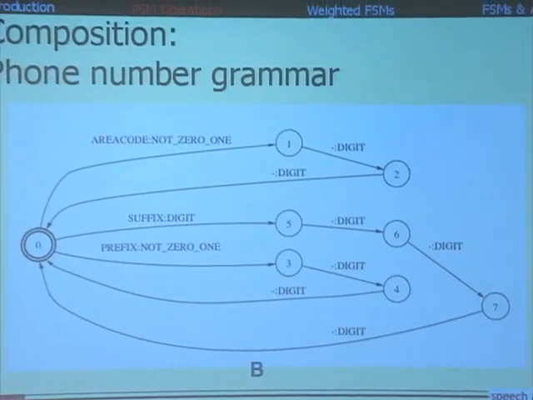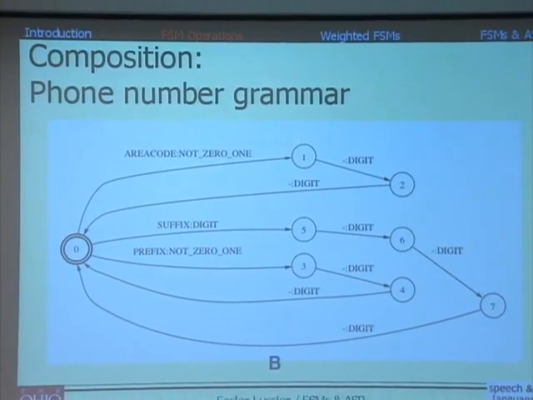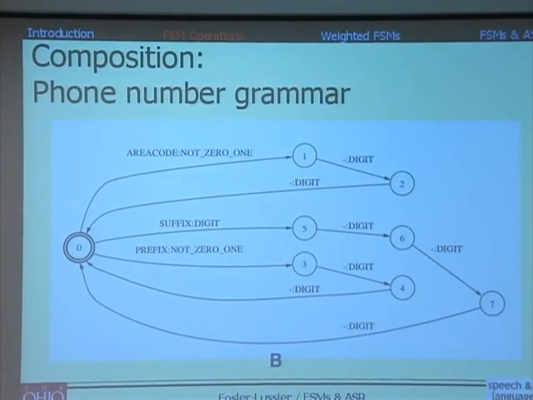Okay, now, how are we going to make that work in terms of getting down into lower level objects? Well, area codes can start with being not 0, 1. We'll use that as a symbol, right? Followed by a digit, followed by a digit. Suffixes are 4 digits in a row.